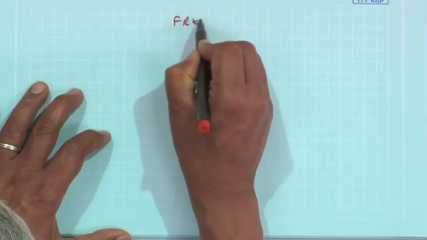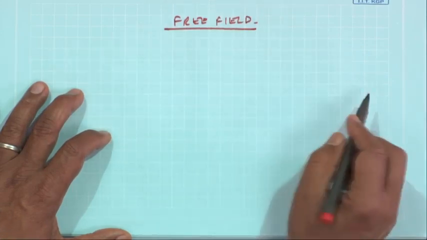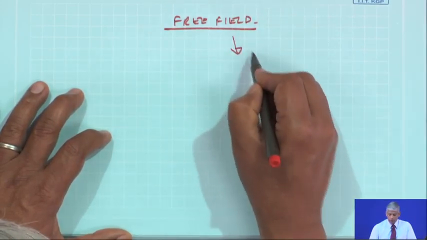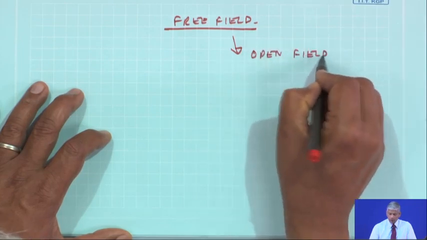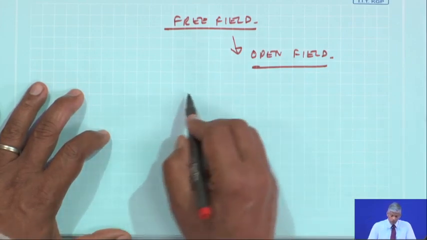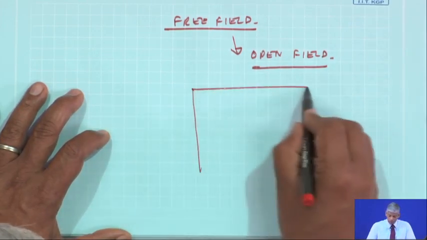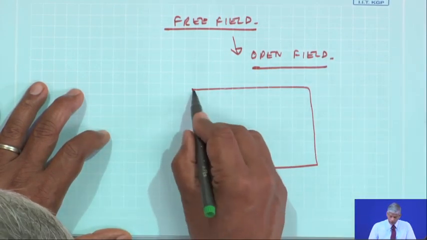So if you want to find out the noise radiated by a machine, it is ideal to put it in a free field environment. A good example of free field is an open field, like a large football field. You are in the center of the field where you are doing measurements, or in chambers which are specially constructed with wedges.